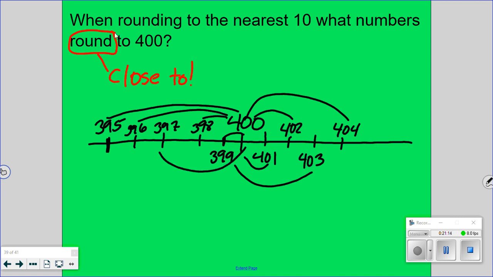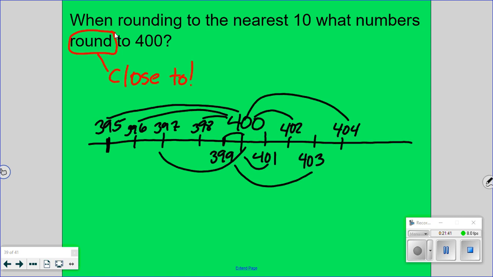So let's read this question one more time to make sure we understand what it's saying. If I'm rounding to the nearest ten, what numbers round to 400? 395 would go to 400. 396 goes to 400. 397 goes to 400. 398 goes to 400. 399 goes to 400.